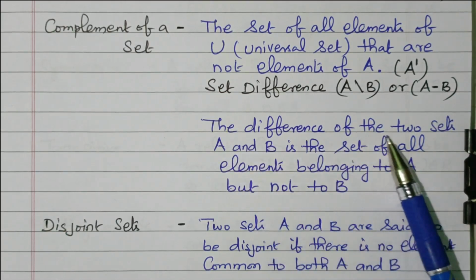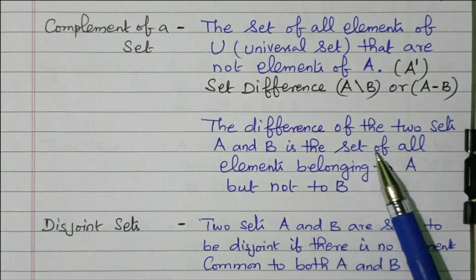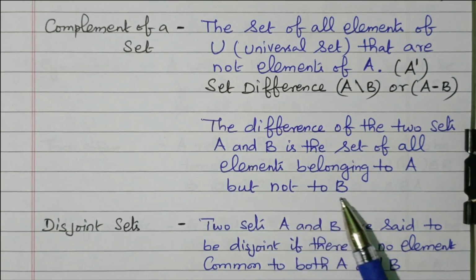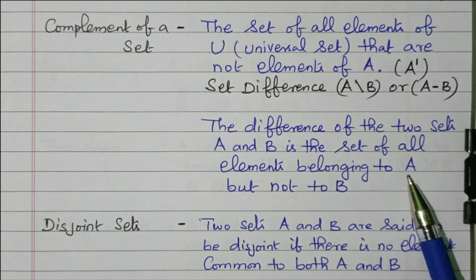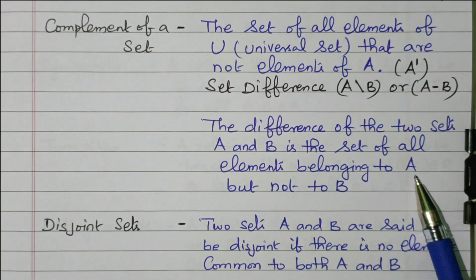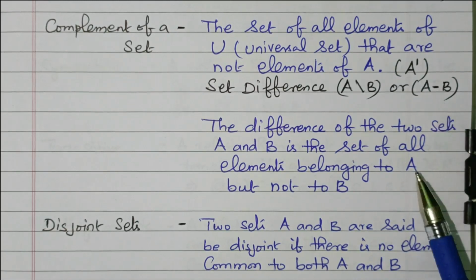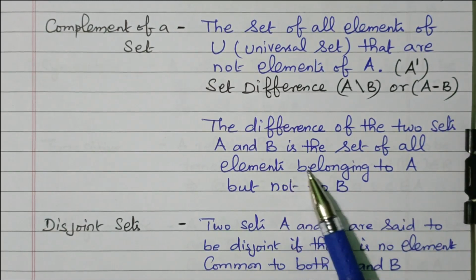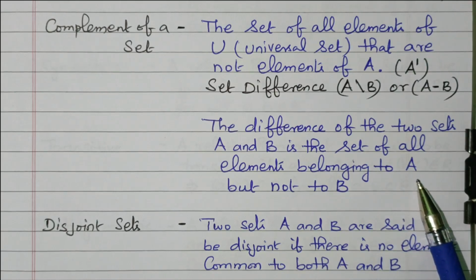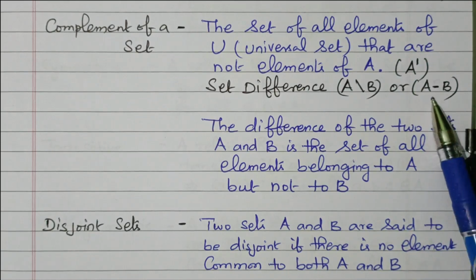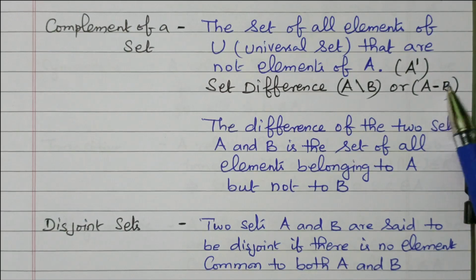The difference of these two sets A and B is the set of all elements that belong to A but do not belong to B. The elements of B are subtracted from A.